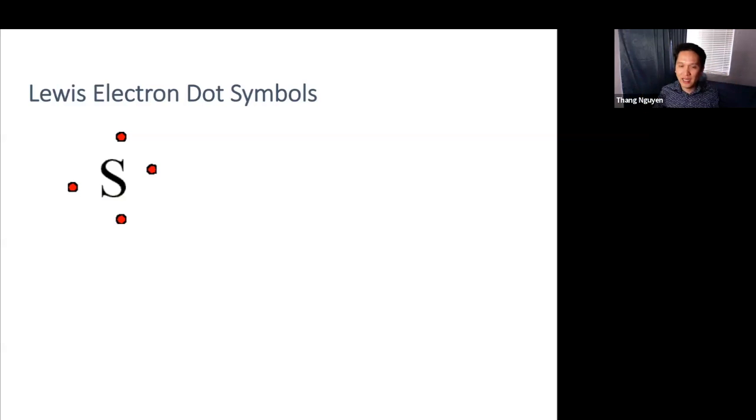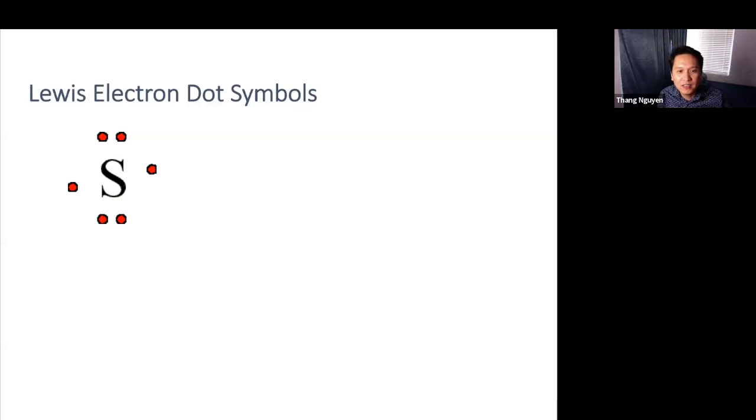So there's 1 on each side, right? Once you have filled up once on each side, then you can double up. It has 2 more electrons, so you can double up the top and double up the bottom, or you can double up the side. Doesn't really matter. The only key here is that you need to fill each side first before you double up. And the maximum you can fill on each side is 2 electrons. So keep that in mind.